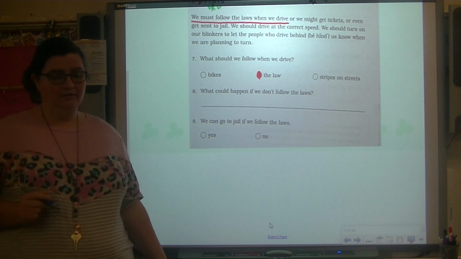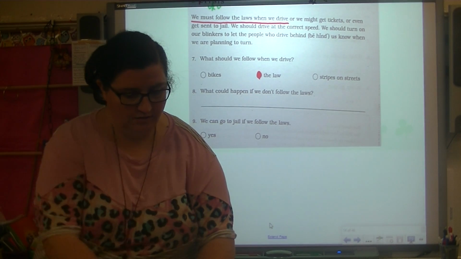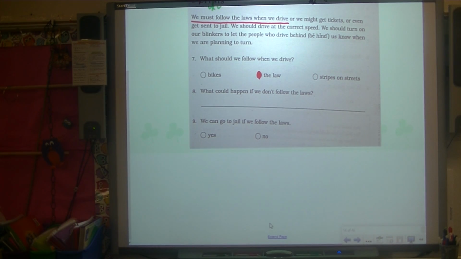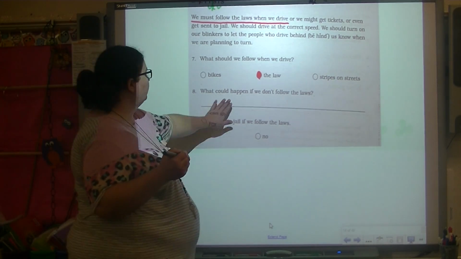Underline it and write it on the line. So what could happen if we don't follow the laws?